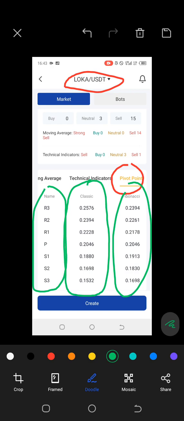We are going to talk about the pivot point and how you can use these pivot point levels. It has parts: support and resistance levels, and then the pivot point itself. You can also use these support levels to set up your margin call drops.